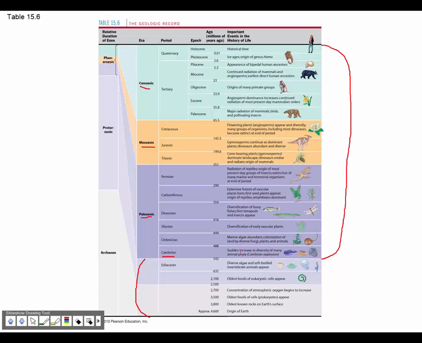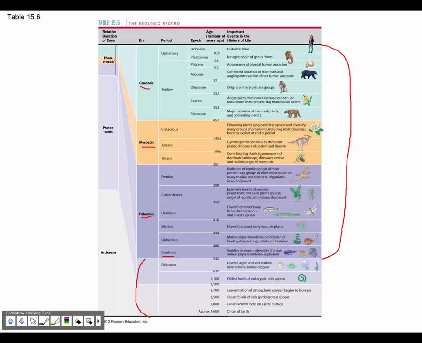There are some really freaky animal forms that would be very sci-fi, and it's awesome when you start looking at some of them. Then marine algae become abundant, and then you get colonization of land by diverse fungi, plants, and animals. Then you get vascular plants.